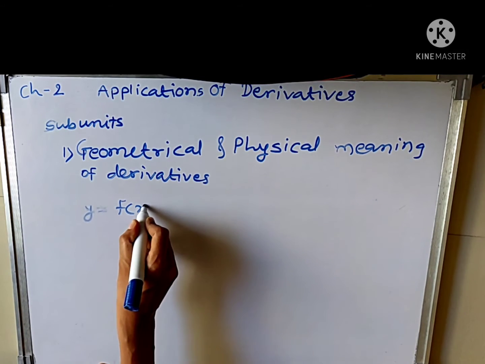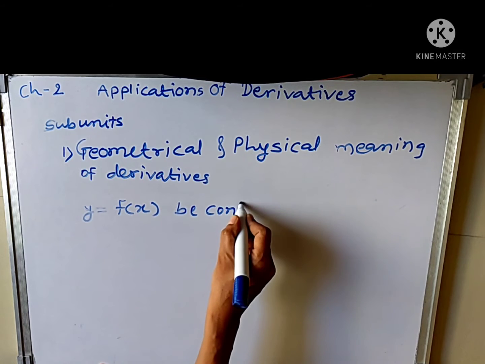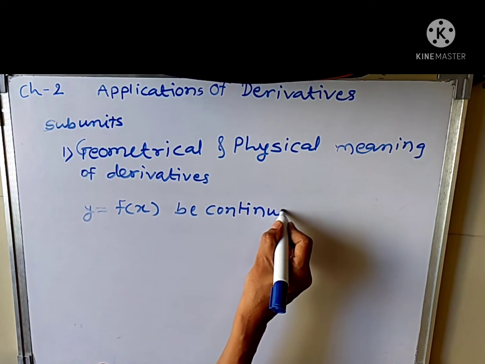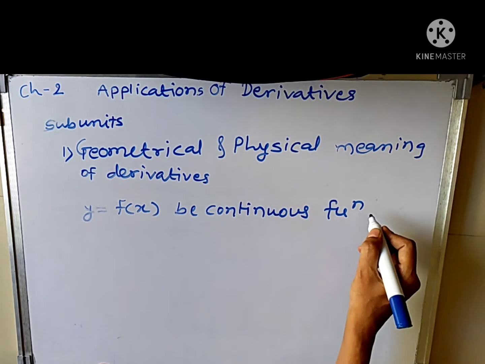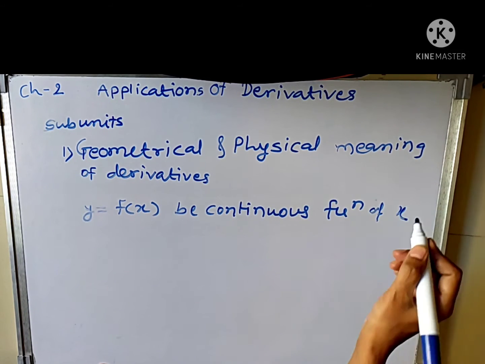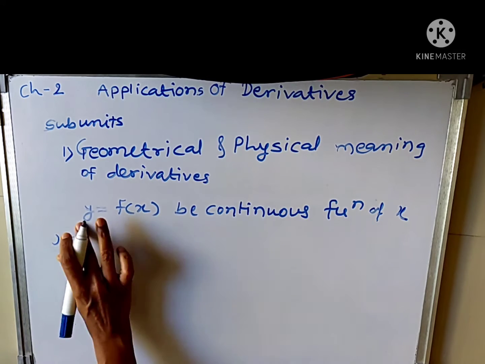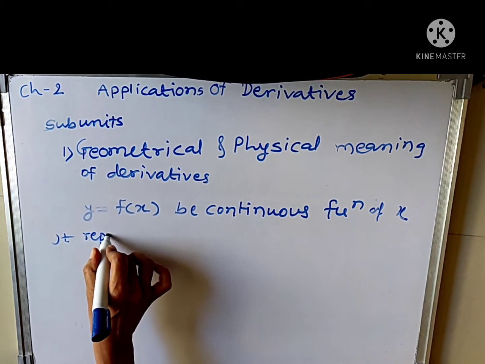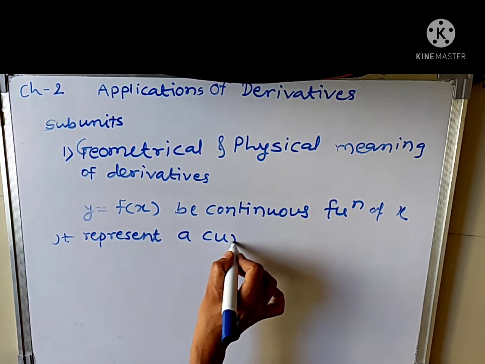Suppose y is equal to f of x is a continuous function of x. It represents a curve.